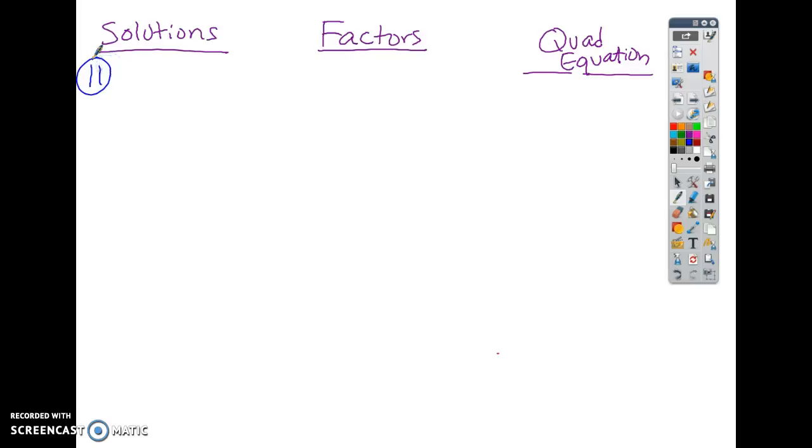Problem number 11 says that your solutions are x equals 3/4 and x equals 1/4. And I'm leaving some space because I'm going to do more than just move it over, change the sign. You have to get rid of the denominator, the bottom number. So you multiply by 4 on both sides so that the 4 can go away.